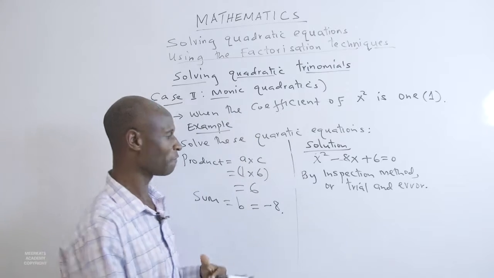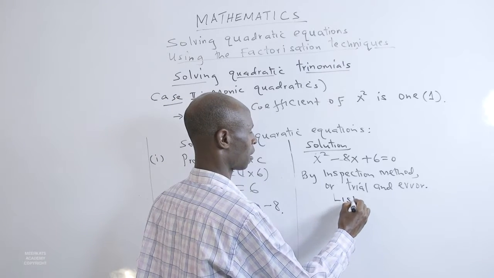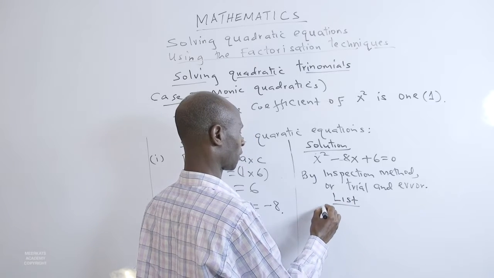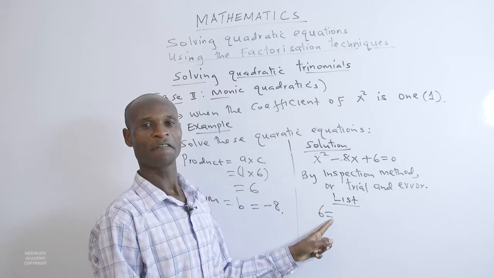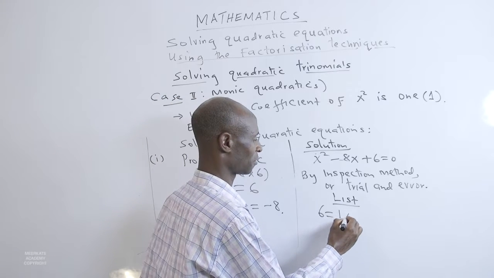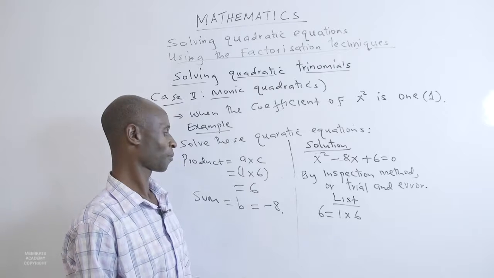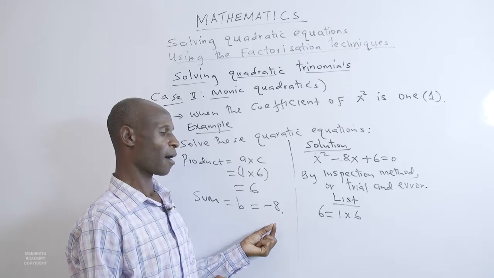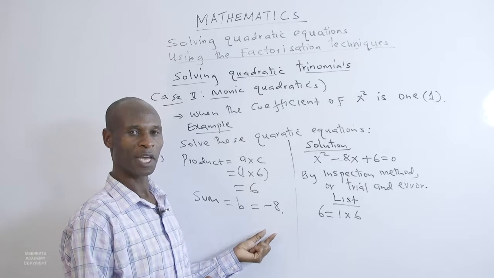So we list all the factors. The first one is 1 times 6. Another one is 2 times 3.